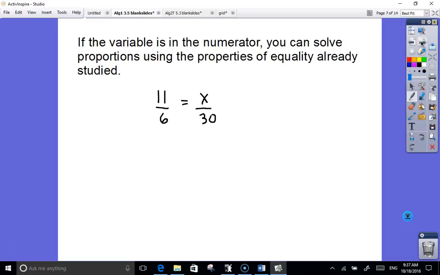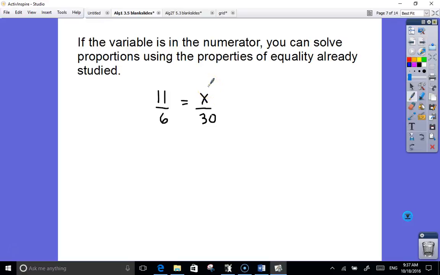Okay. So, if we have a proportion, that is an equation to solve, and on one side the variable is in the numerator, then we can just use what we have already done. This is a one-step problem, right? What do I have to do to isolate the x in this problem?